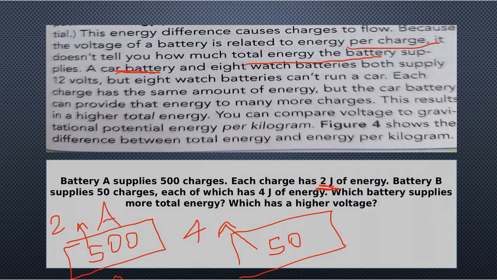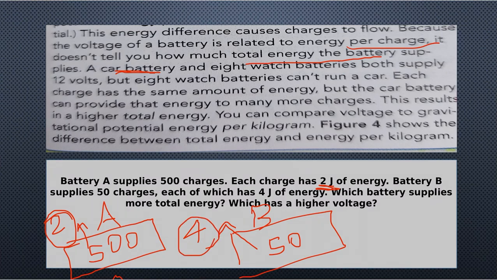Battery A has more charges than battery B. But what about the energy inside each battery? Here the energy of each charge in battery A is 2, and here the energy of each charge in battery B is 4.